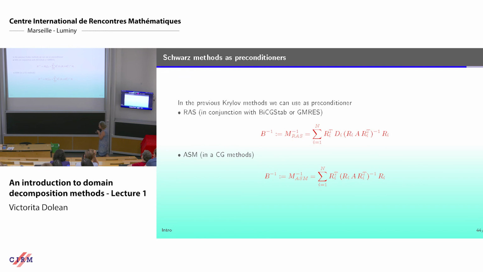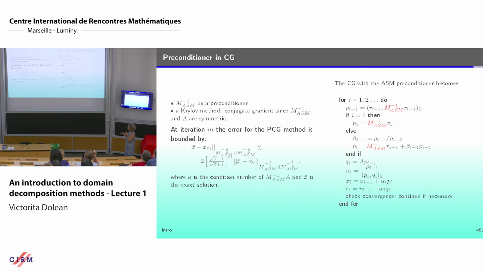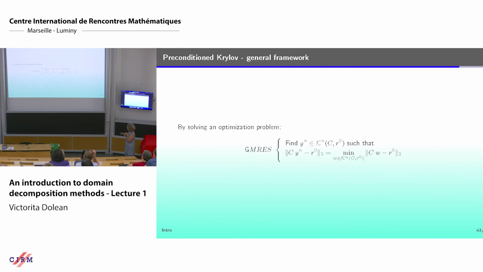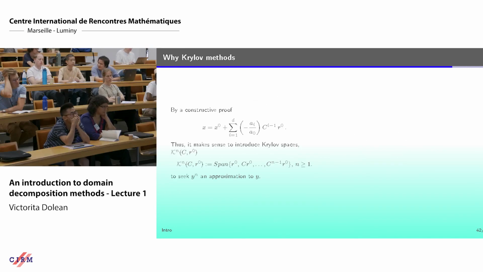So now I probably have a few more minutes just to show you some convergence curves. I just skip this part. Okay, so these are some numerical simulations done with the FreeFEM software.